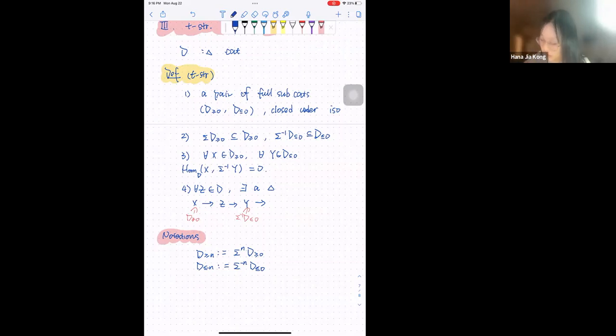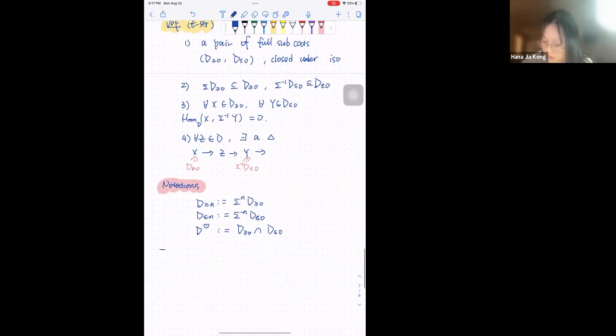Okay, and also we write D heart. This is called the heart of a T structure, and this is the intersection of D greater or equal to 0 and smaller or equal to 0. And examples.